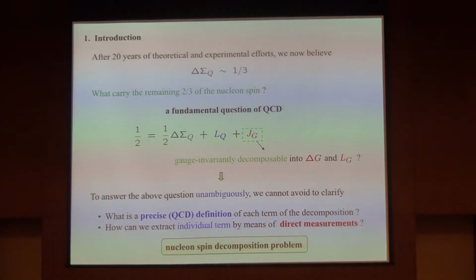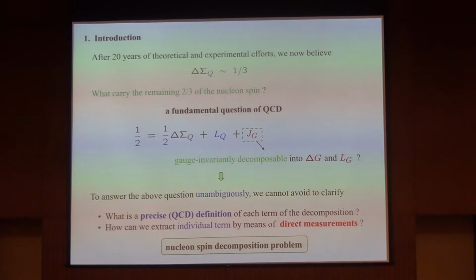Okay. So after 10 years of theoretical and experimental effort, we now believe that only about 1/3 of the nucleon spin comes from intrinsic quark spin. So what carries the remaining 2/3 of the nucleon spin? That is one of the fundamental questions of QCD. An especially delicate question is whether the total gluon angular momentum can be decomposed into an intrinsic spin part and an orbital part in a gauge invariant way.